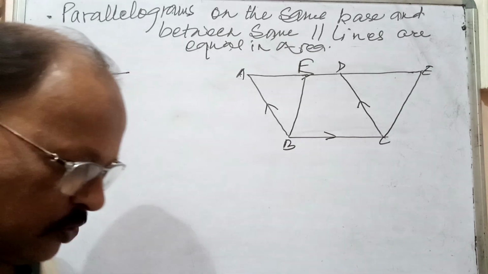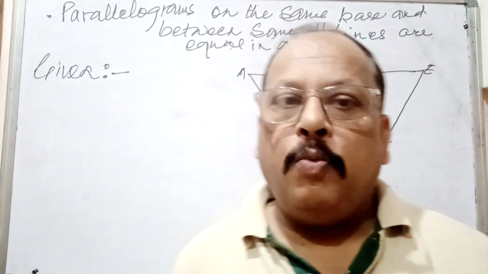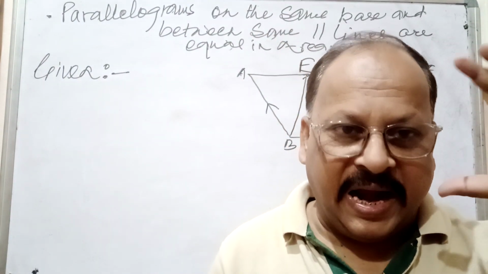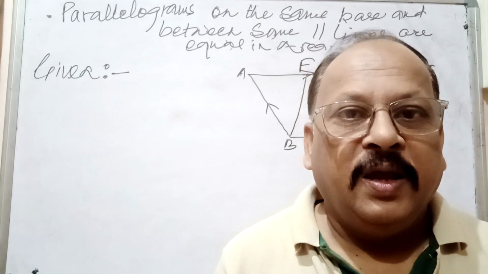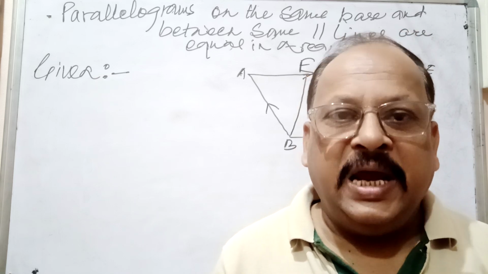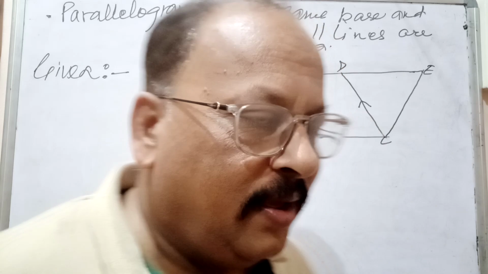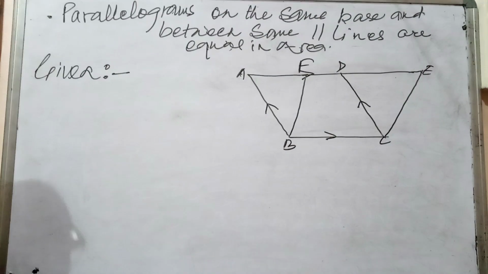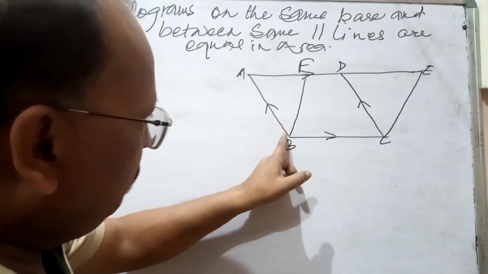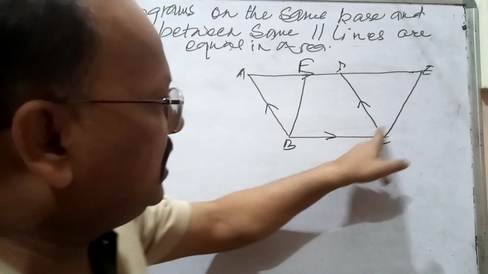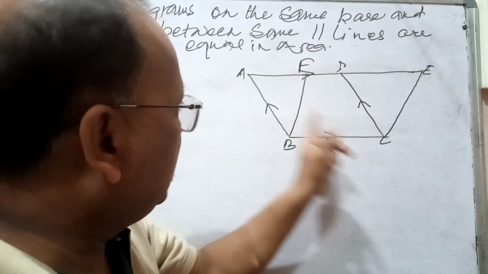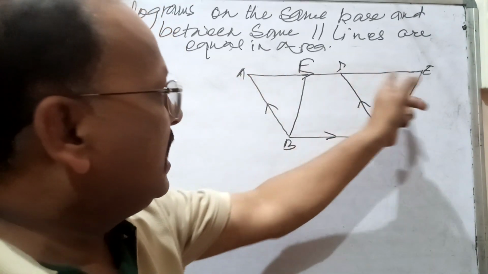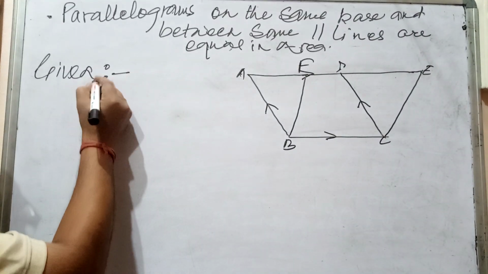For Hindi students, it is given that if two parallelograms are formed between the same parallel lines and on the same base, then the area of both parallelograms will be equal. So let's prove it. In given, please write: two parallelograms ABCD and FBCE are given on the same base BC and between the same parallel lines BC and AE. Then write down, to prove.